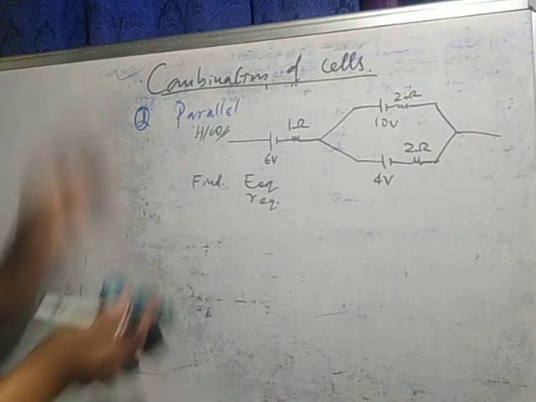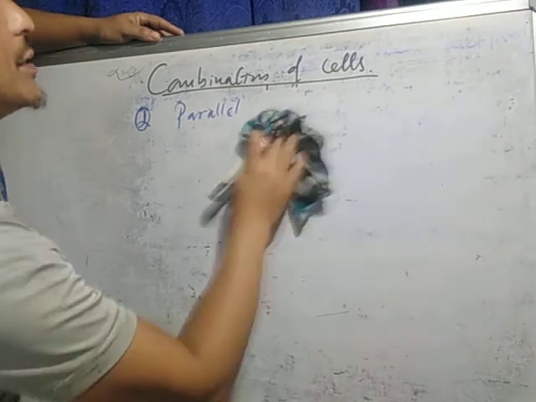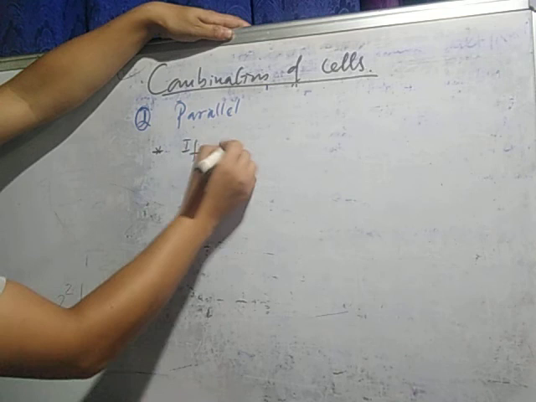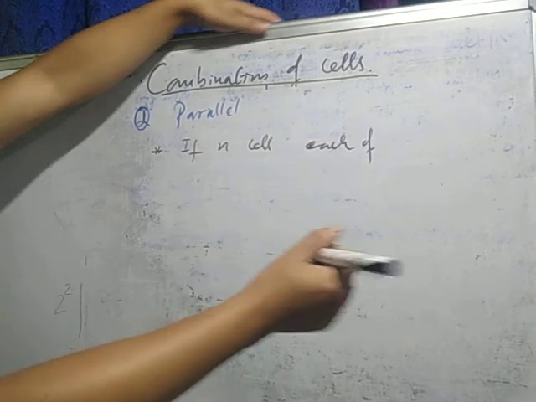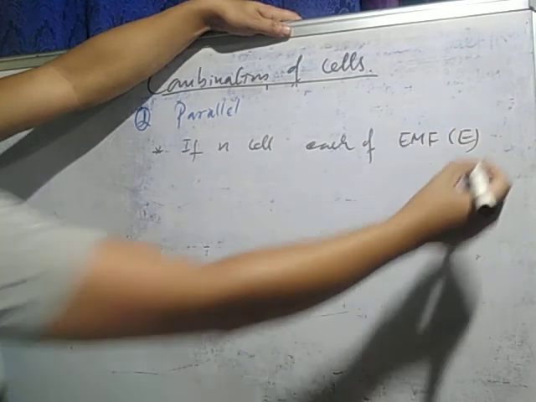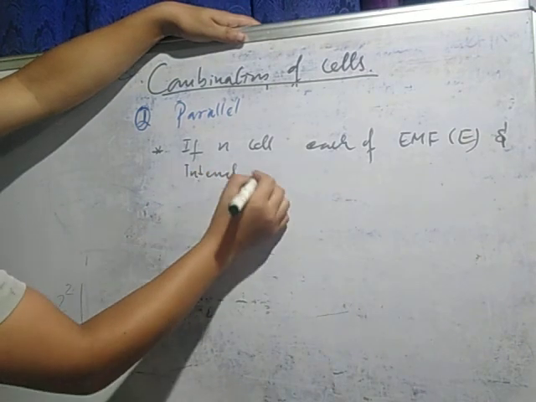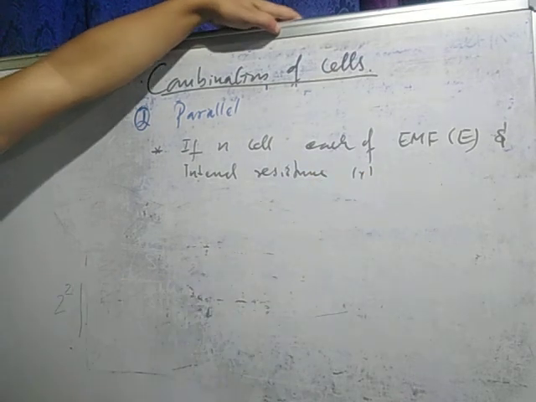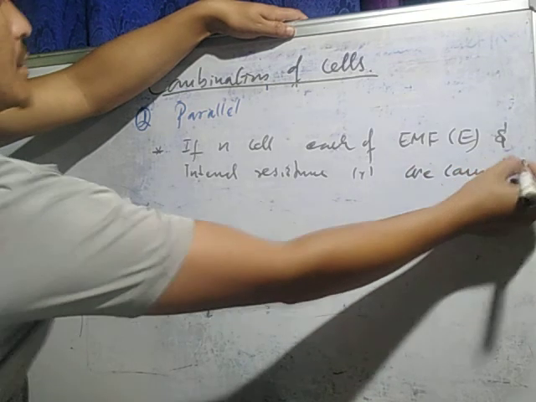So now write down for N cells. Okay, so many cells are there, isn't it? If N cells, each of EMF E and internal resistance R, are connected in parallel.